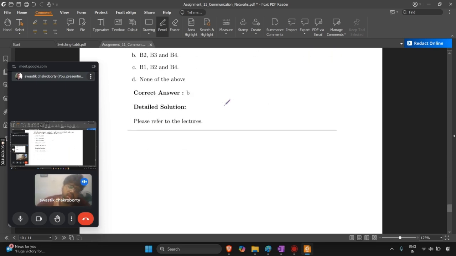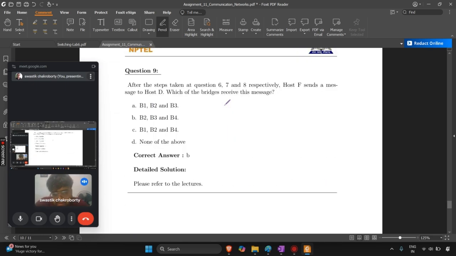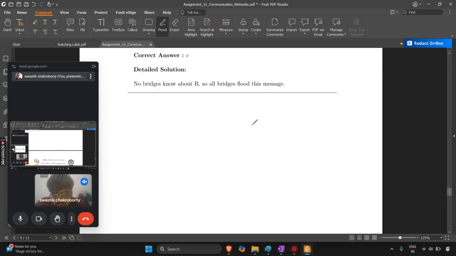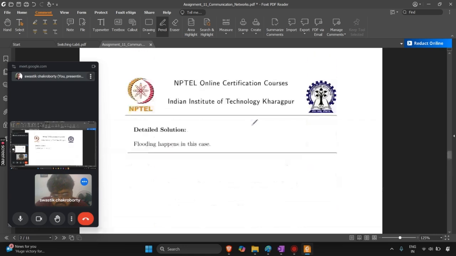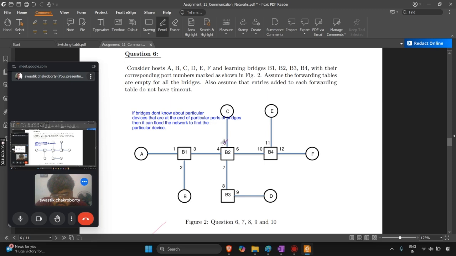Now again another of the same question. This time, whatever has been told in 6, 7, 8 has been done. Now at 9, host F sends a message to D. It should go via B4, B2, B3.